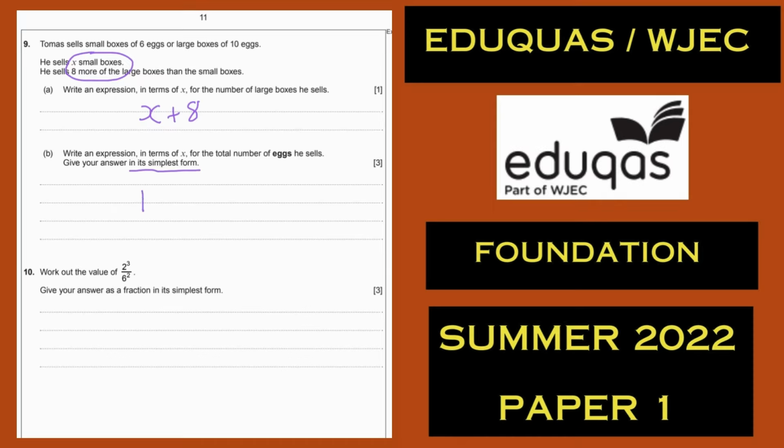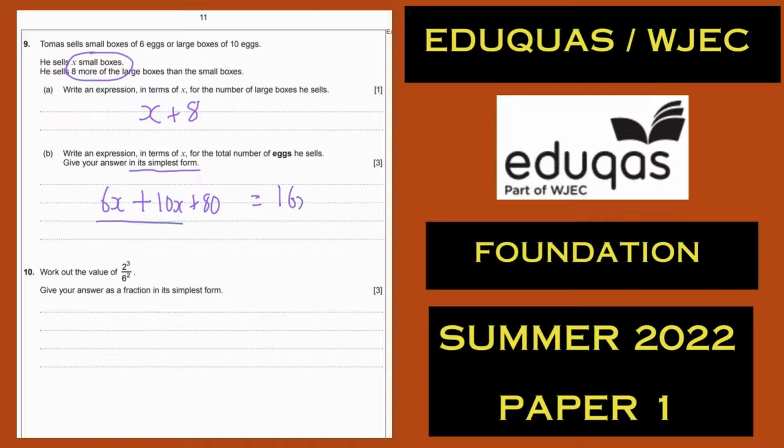Total means you've got to add. If we're focused on small boxes, it'll be 6 lots of x. If we focus on large boxes, it will be 10 lots of this. So there'll be 10 x's and there'll be 80. Not yet simplified.